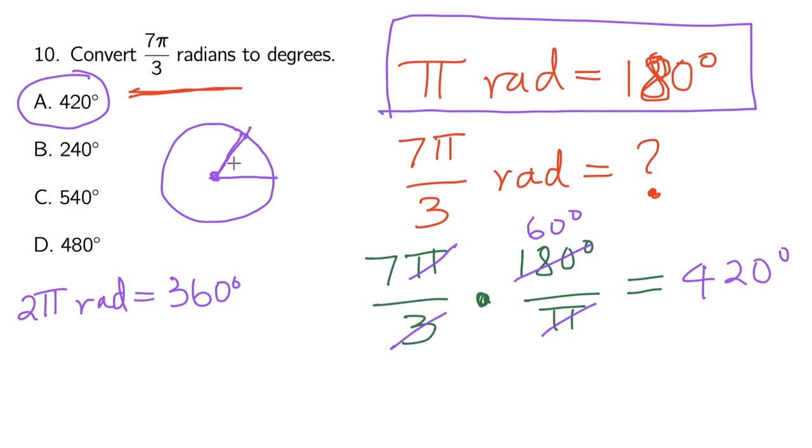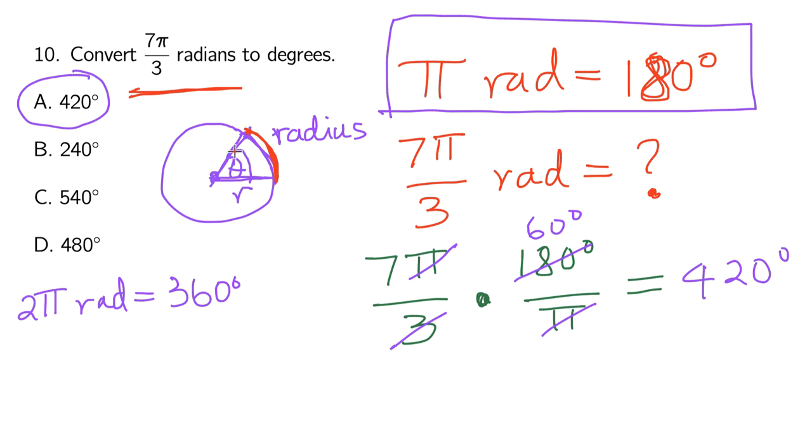I'm not going to go into too much detail, but if you have a circle and the radius of the circle is r, and you also have an arc which has a length of r, and you ask the question, what is the angle subtended at the center by this arc?